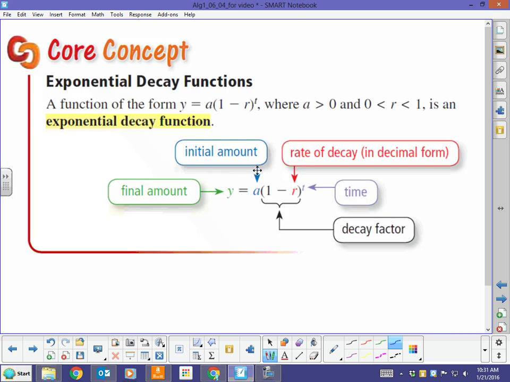Now, a decay function is very similar, except this decay factor here is 1 minus r. Now, r is the rate of decay in decimal form. Notice that the rate has to be between 0 and 1. It can't be greater than 1. If it's greater than 1, then this thing will be negative, which we don't want.